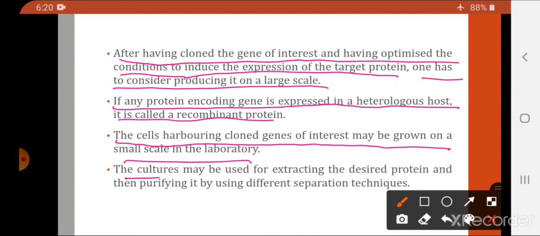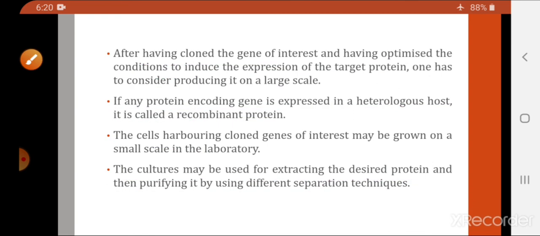The cultures may be used for extracting the desired proteins and then purifying it using the separation techniques. Okay, हम पहले कल्चरिंग करेंगे तो हमें DNA से पर्टिकुलर प्रोटीन मिलेगा. नाउ ये प्रोटीन को हमें कल्चर में से एक्सट्रैक्ट करना है, प्योरीफाई करना पड़ेगा, राइट?